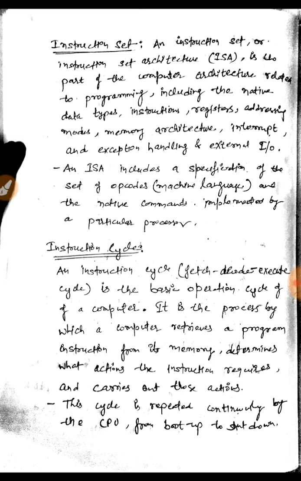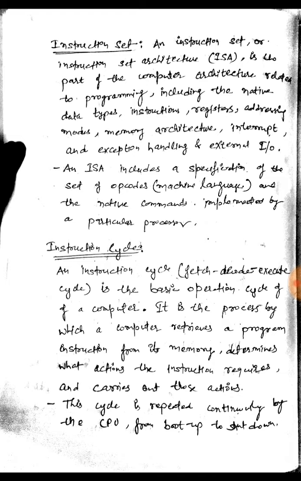Then we have the instruction cycle, which consists of some operations, that is the fetching of data. First of all, we would fetch the data from some memory address where our data is stored.